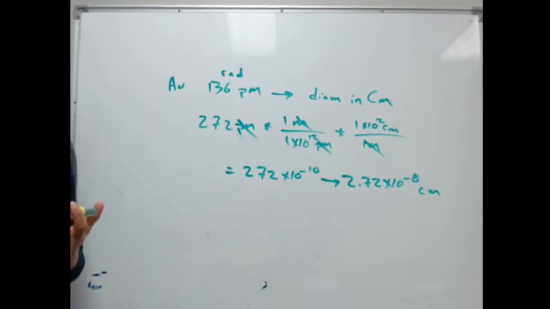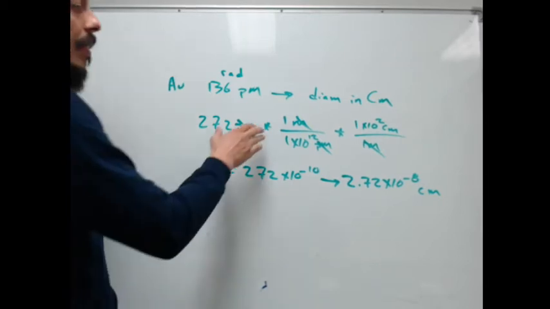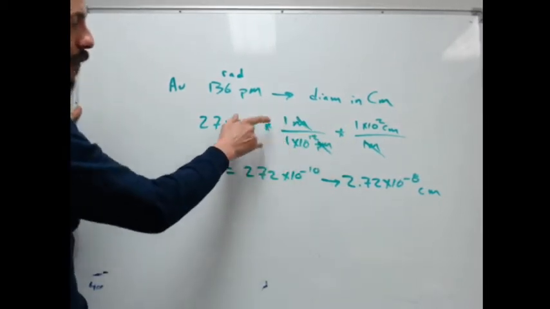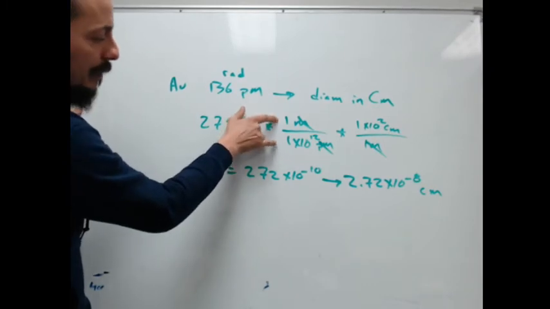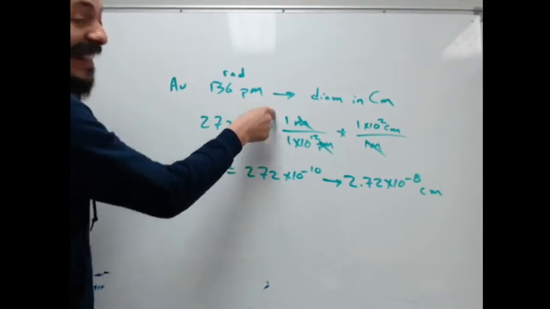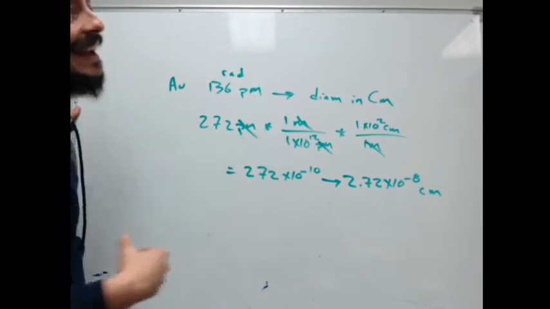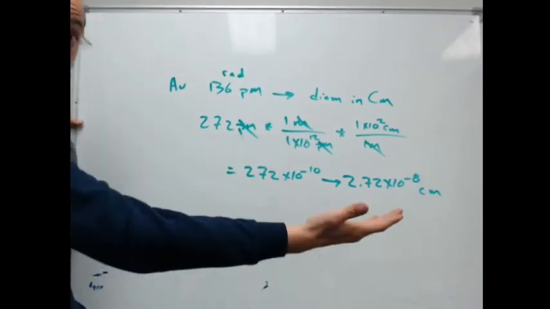So when doing unit conversions like this, do we assume the dimensional analysis doesn't change the amount of sig figs in the problem? Yes. So when we say 1 meter has 1 times 10 to the 12 picometers, that's by definition. Anything that's by definition is infinitely precise.